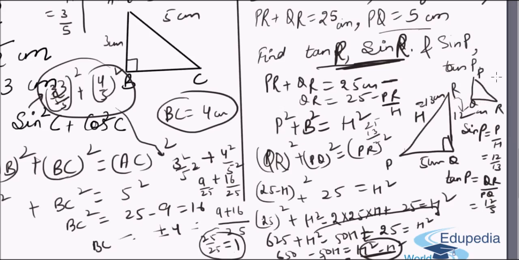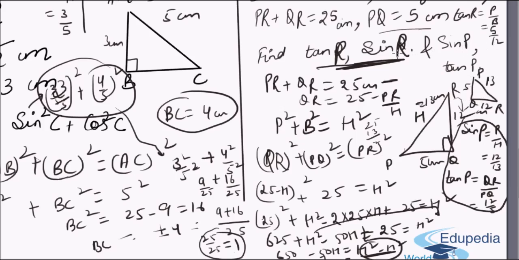So PR was 13, this was 12 and this was 5. Now tangent of R equals perpendicular over base. The perpendicular here is PQ, which is 5, and base is 12. So tangent R is 5 over 12.